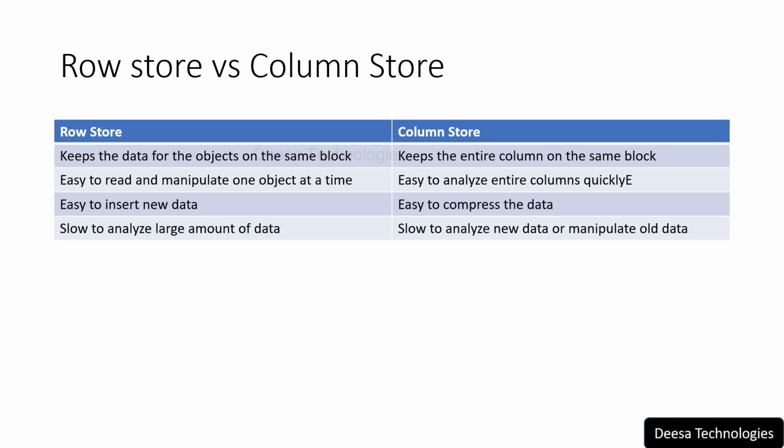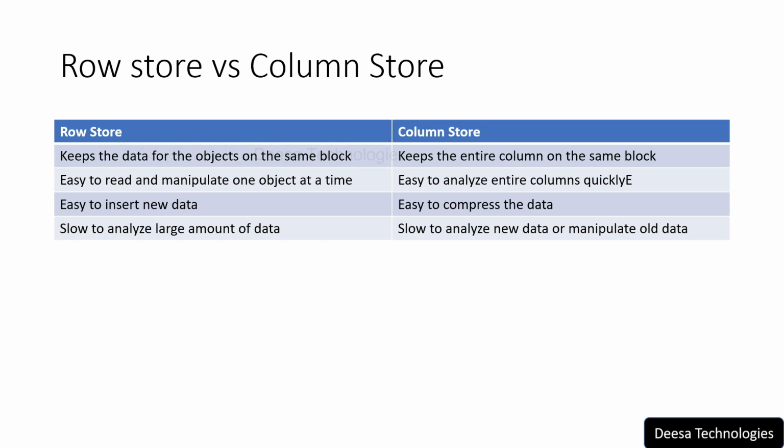On the column store, it is easy to analyze the entire column's data because it is stored in one particular block, so you can quickly get that data. Row storage is easy for inserting data because it is inserted right at the end. Column storage is easy to compress, so the compression techniques on column storage are much stronger.